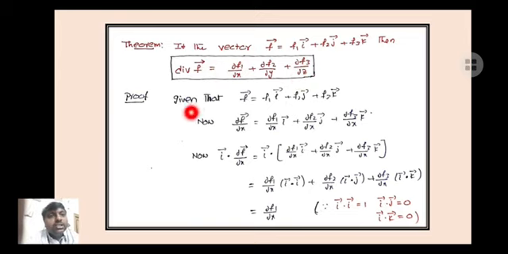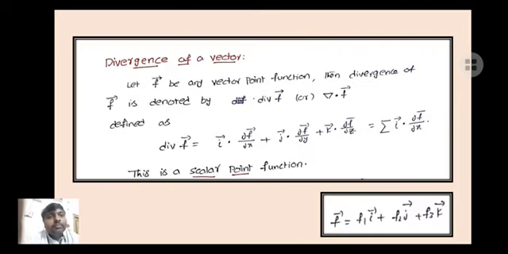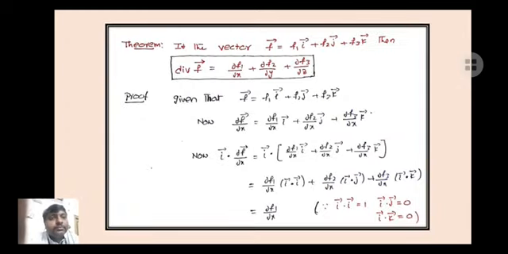First I go through the definition of f bar. f bar is equal to component form f1 i bar plus f2 j bar plus f3 k bar. In the original definition of divergence, div f bar is equal to i bar dot dou f bar by dou x plus j bar dot dou f bar by dou y plus k bar dot dou f bar by dou z.